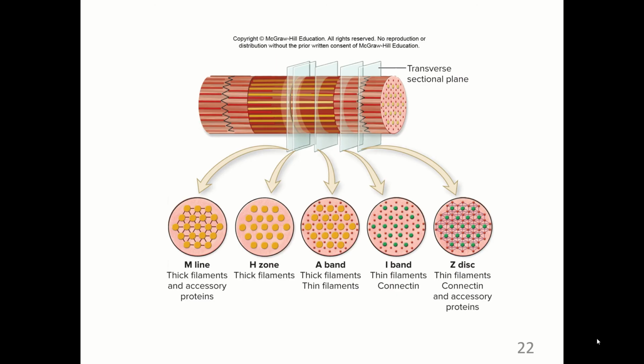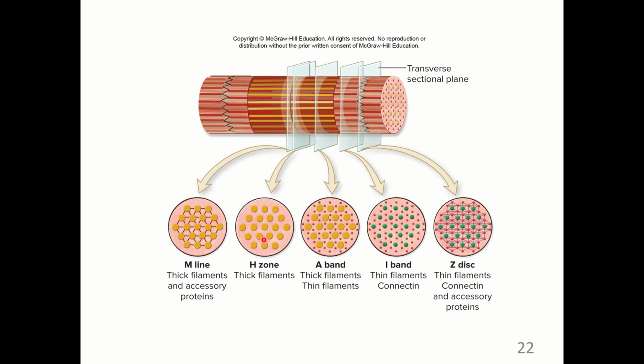Here we see a sarcomere sliced crosswise along several areas to show the proteins contained at a particular place. Let's look at the Z discs. The thin filaments will be connected to the Z discs. And then in the M line, the thick filaments will be connected to the M line.